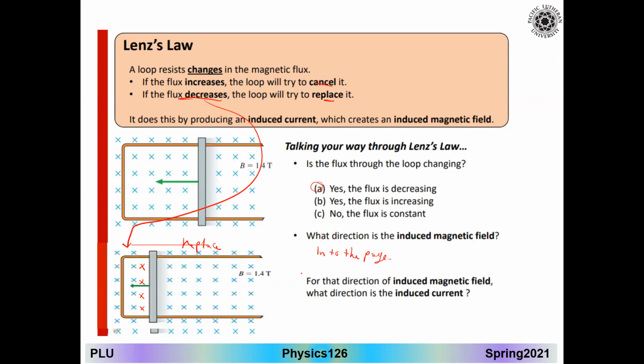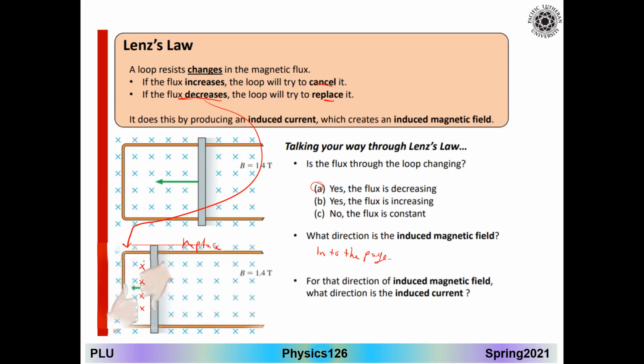Okay, the second question, the direction of the induced magnetic field, you already found here. And what is the direction of the induced current? For the induced current, we're going to use the right hand. Here the rod is moving in that direction, the magnetic field points into the page, and we use the right hand on both paths, the lower path and the upper path.